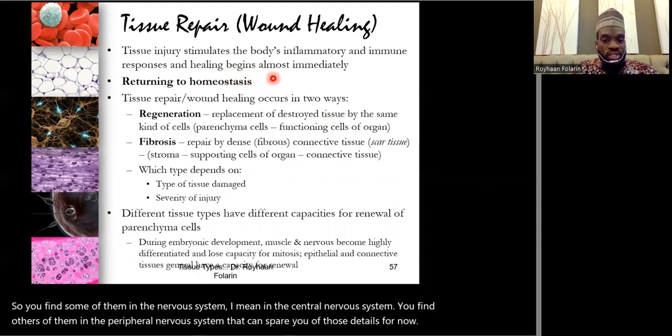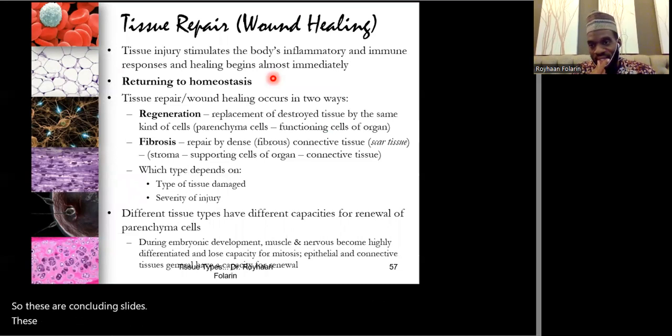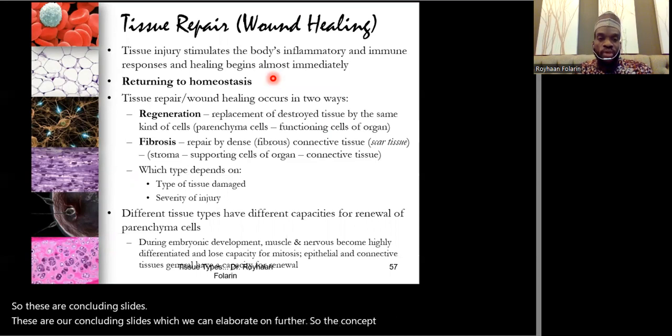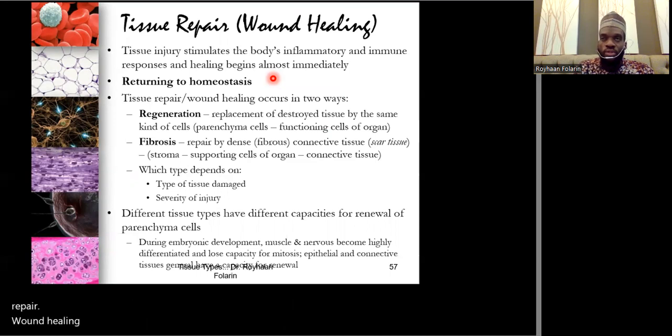So these are our concluding slides, which we can elaborate on further. So the concept of tissue repair, wound healing, amongst others.